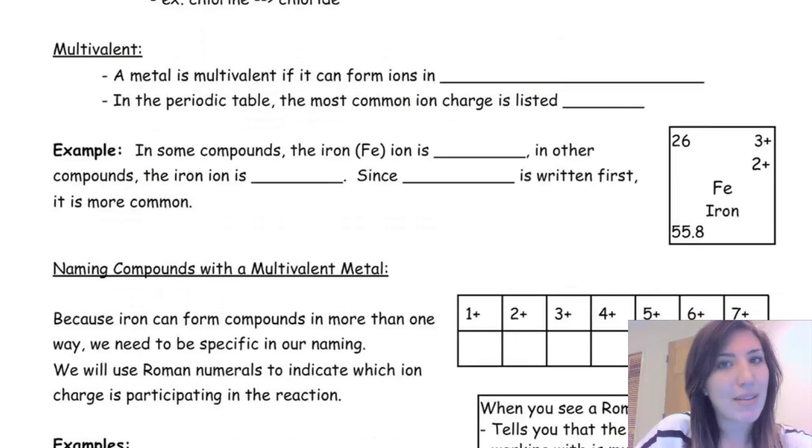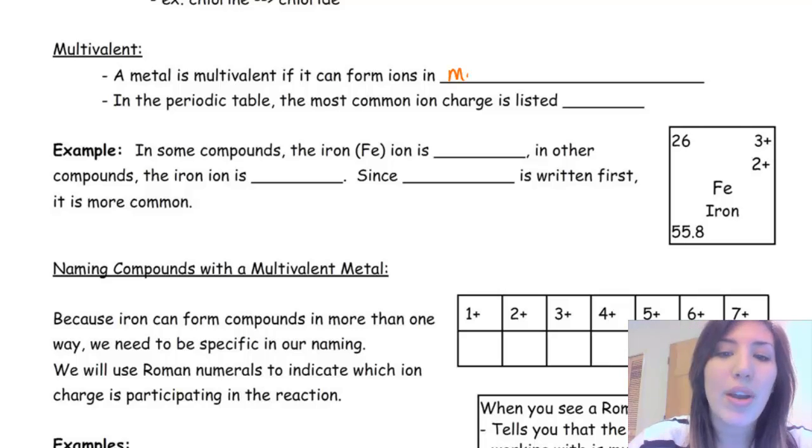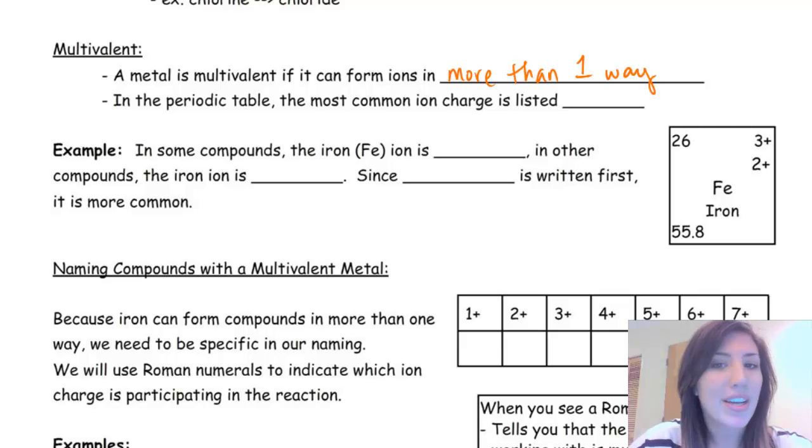So a multivalent metal, what's so special? Well, a multivalent metal can form ions in more than one way. So in the periodic table, the most common charge is listed first. A great example here is iron.